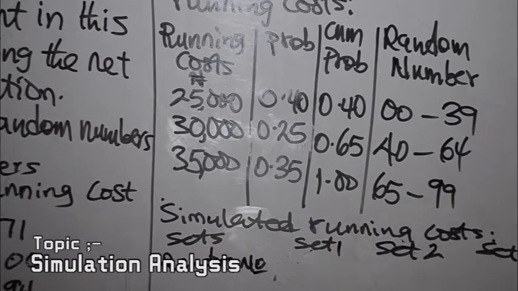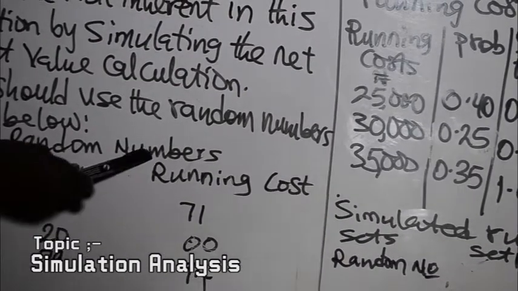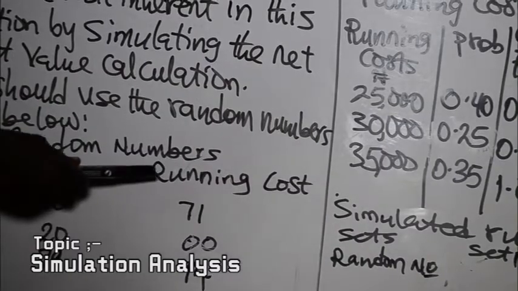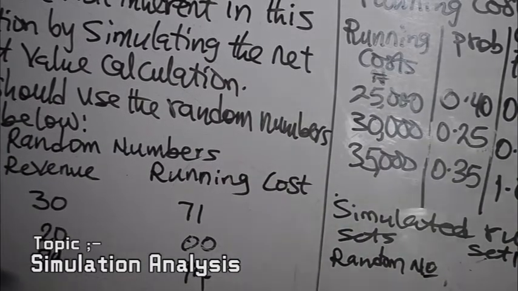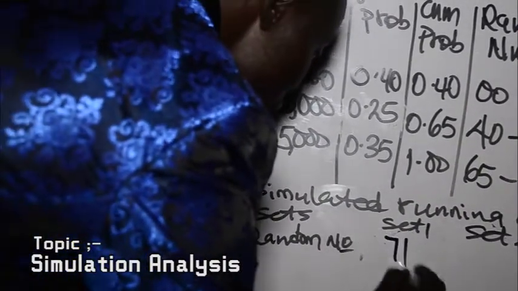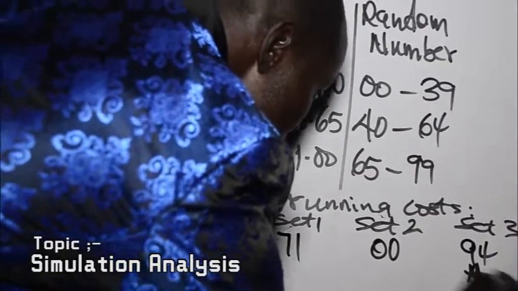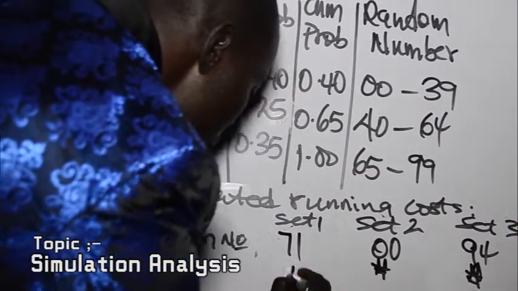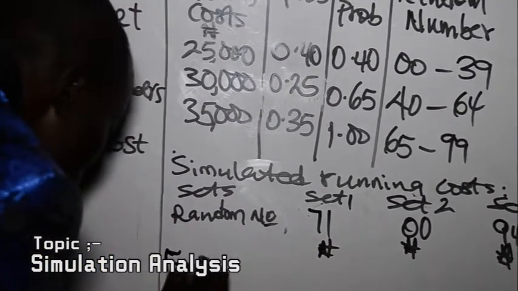Now, we have 3 random numbers associated with the running cost: 71, 00, and 94. What will now be our forecast running cost?